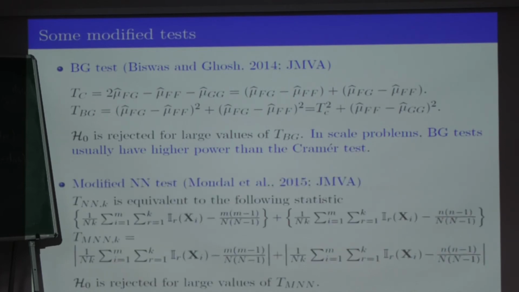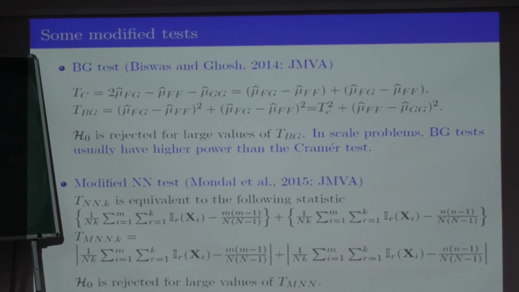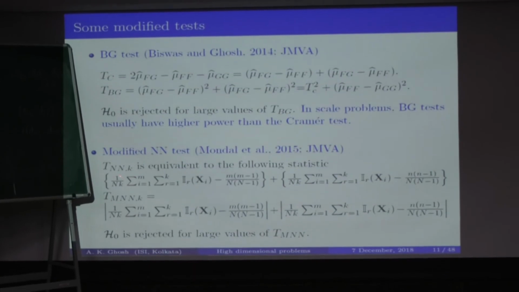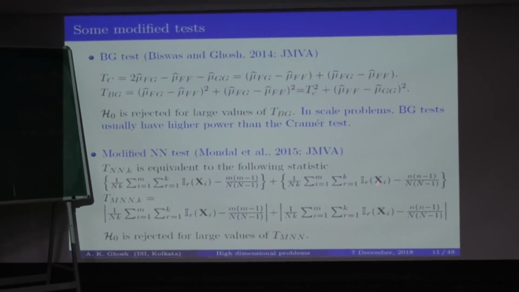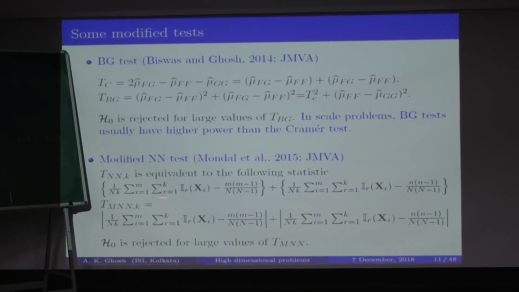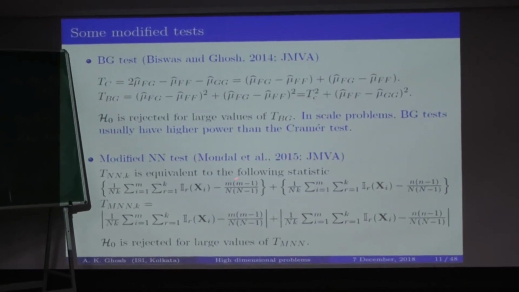What about the other thing? The nearest neighbor test statistic was like this part plus this part. Now I am saying this is equivalent to using these statistics because I have subtracted some constant term. The constant terms are not supposed to create any disturbance, right?